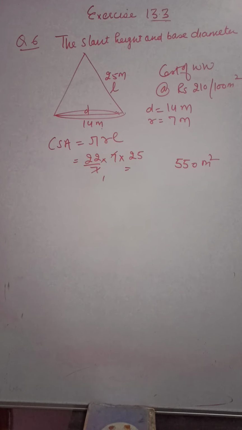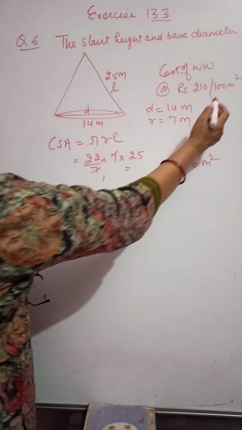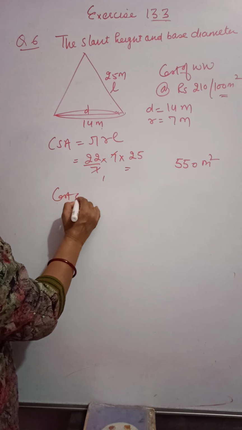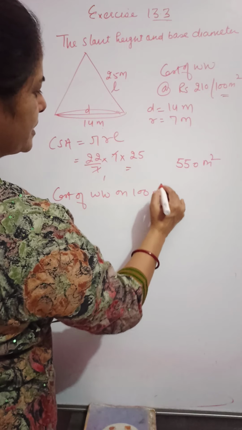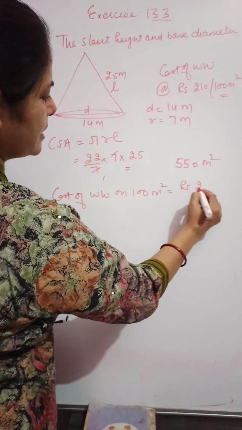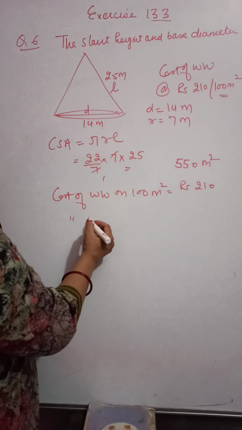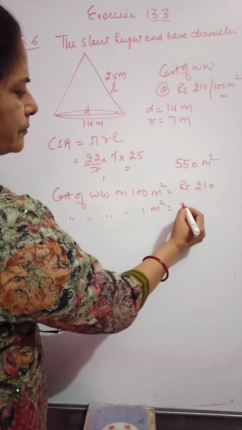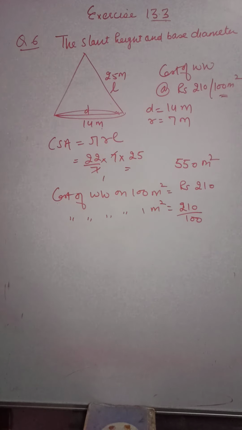Now we will be finding the cost. This is the 100 meter square cost, no? So the cost of whitewashing on 100 meter square is rupees 210. The cost of whitewashing on 1 meter square will be 210 upon 100.